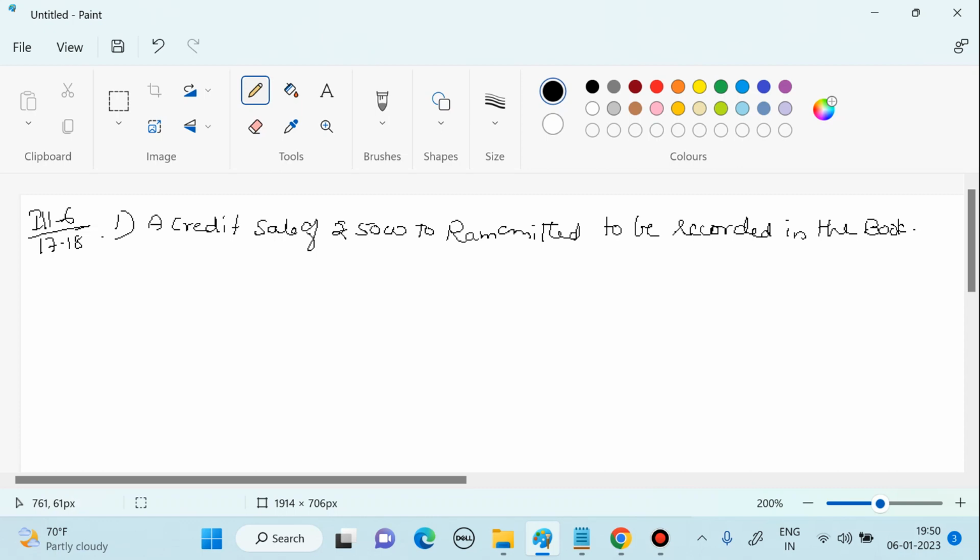They have said omitted to be recorded in the books, not in sales book. Not recorded in the books. Then we can just record it. So Ram to sales. Correct. So the entry is Ram account debit to sales account. Just record it. You have to go back and recall your journal entry topic. So you will pass this entry and in the narration you will say that a credit sale to Ram omitted to be recorded, now rectified. Or now recorded, because it's a complete omission.